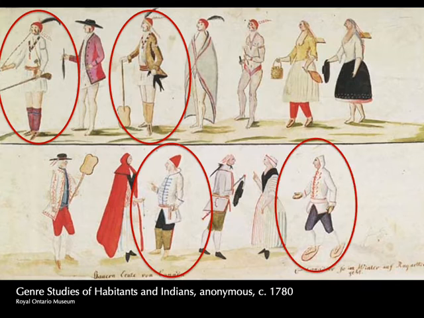Then below we have these 2 who are very much kind of voyageurs in the hooded cloak, which was called a capot, the red hat, but then also tied at the waist. The guy on the left is wearing leggings, and the guy on the right is walking in snowshoes. So again, we can see the hybridity expressed through dress, but also other aspects of bodily adornment, as well as how these bodies were expected to move and operate within this environment.